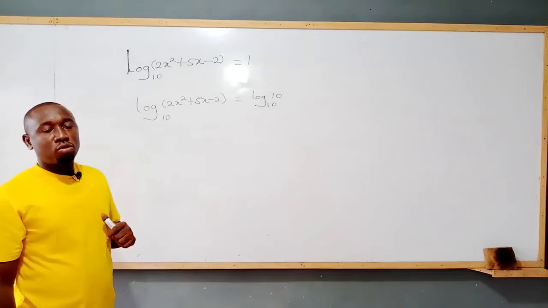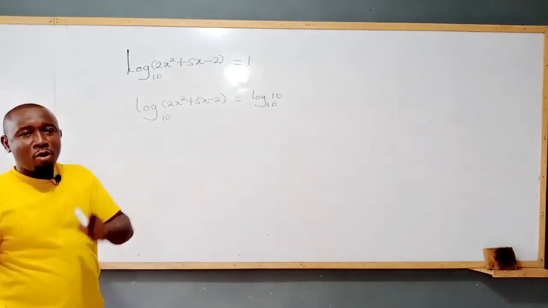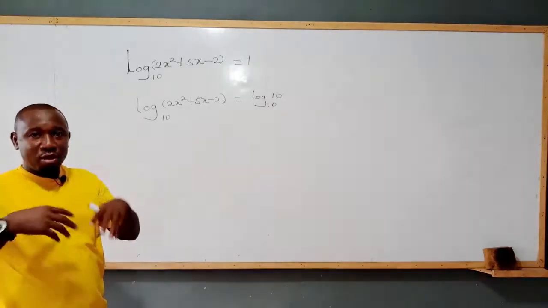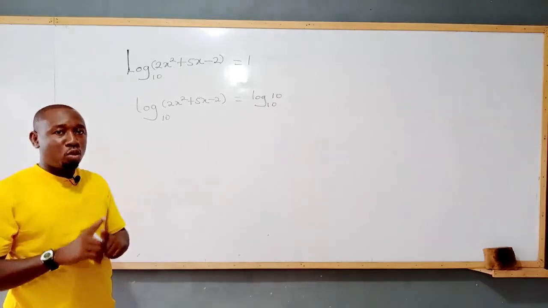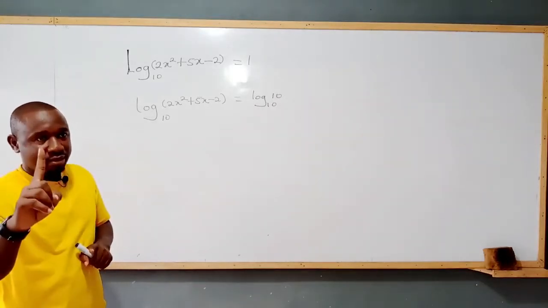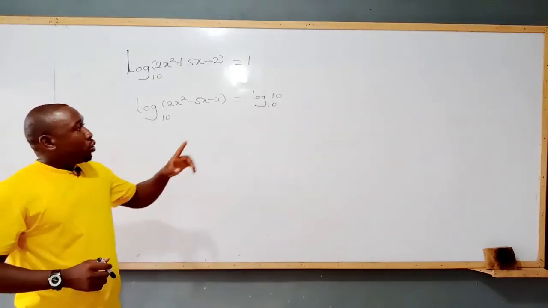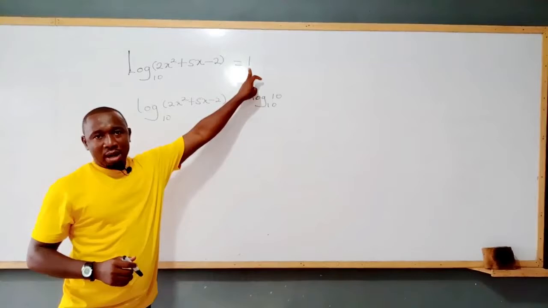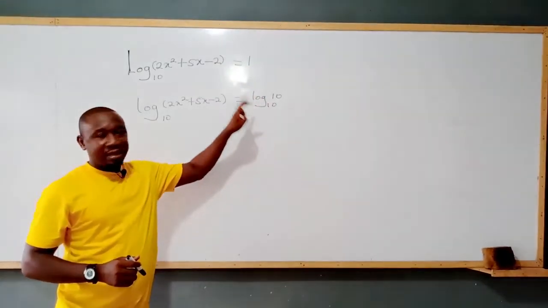Why? Because the log of any number to the base of the same number is equal to 1. We have converted the 1 into log 10 to the base 10.